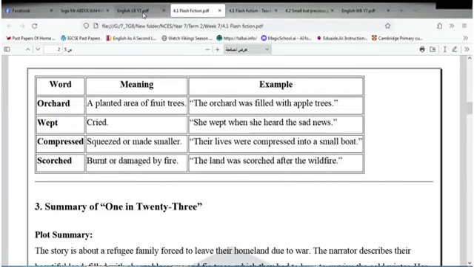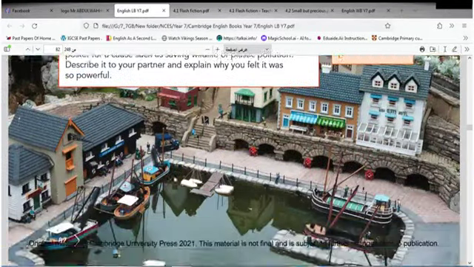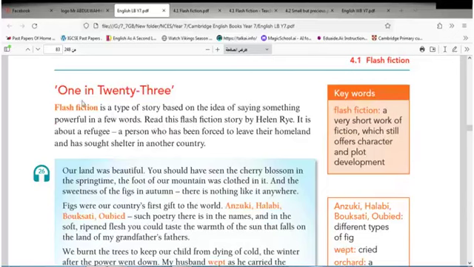Let's read the story with each other. We have a very good example of a flash fiction story, and it is called 1 in 23. So one person in 23 people were found on a boat. Flash fiction is a type of story, as we said, based on the idea of saying something powerful in a few words.